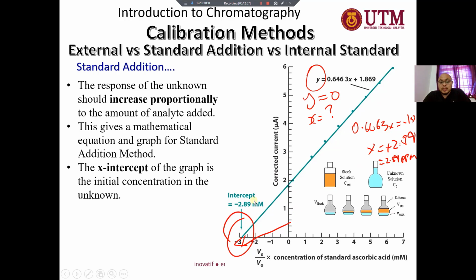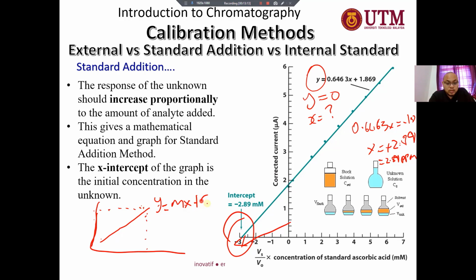So if we compare with the external calibration method, in the external calibration method you find the absorbance of the unknown and then you tally it with the graph, or using this equation, you put the response in y and you will get the x value. That is the normal external calibration method.